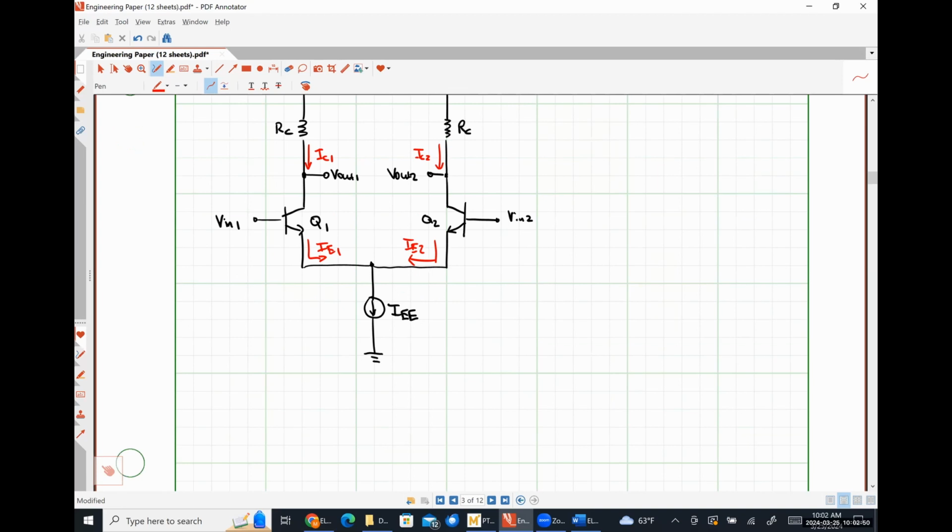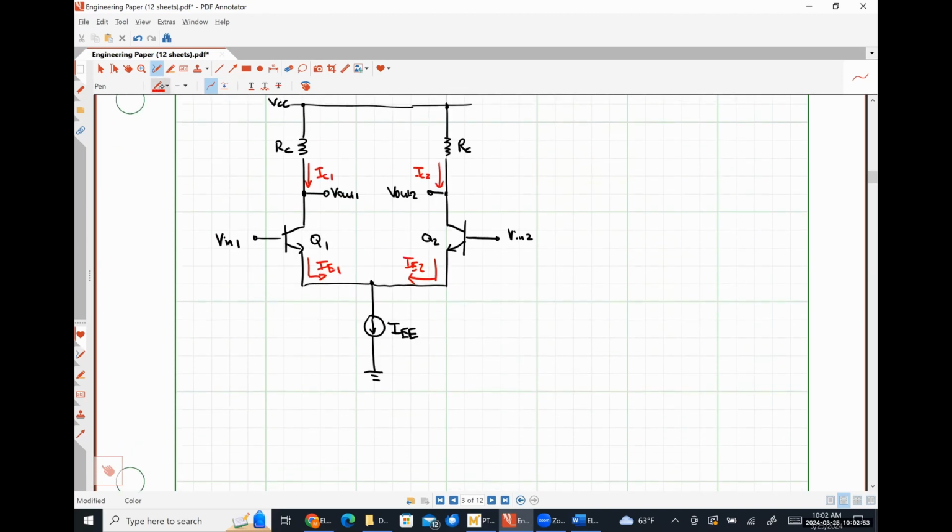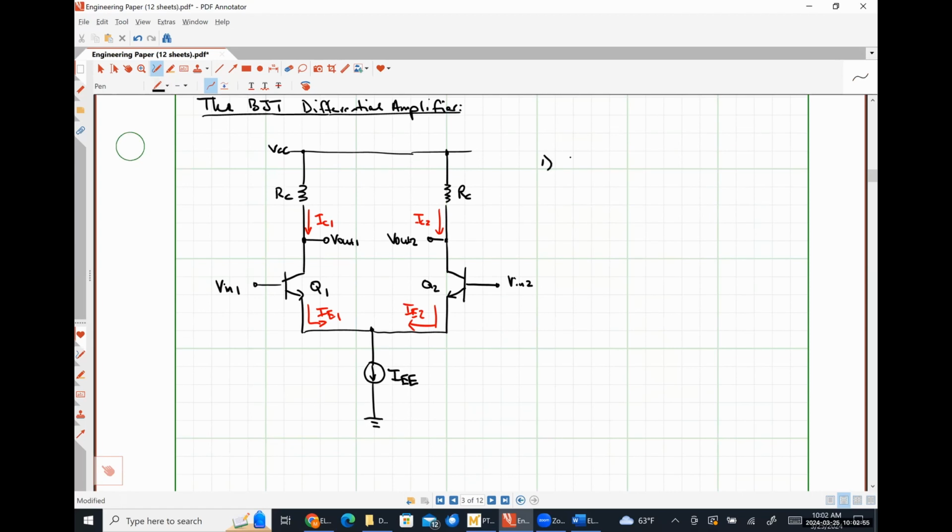Okay, so my first question is, if a common mode signal is applied to the inputs, what happens to IC1 and IC2?